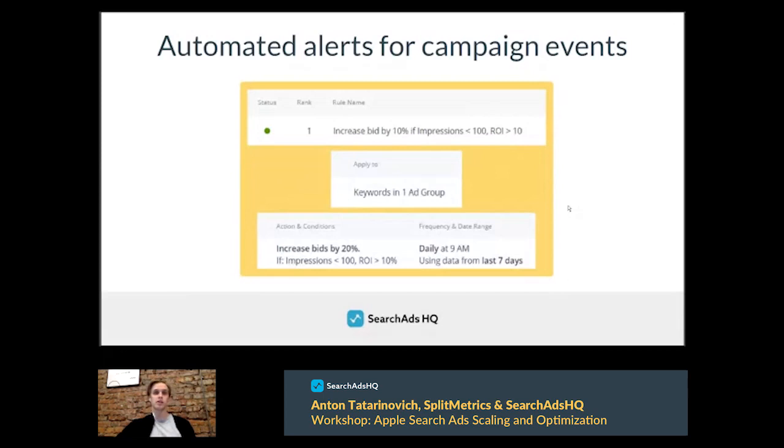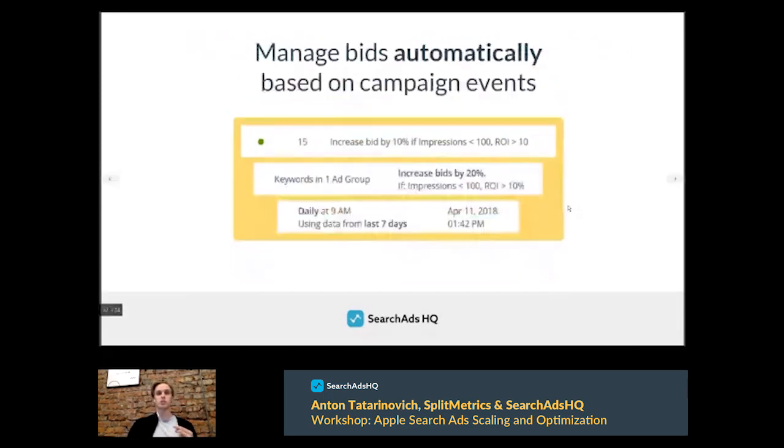Another example is automatic bid management, which is probably much more interesting. Yeah, so let's take another example. All of your keywords in ad group get a low number of impressions, right? Less than 100. Your ROI is more than 10%. To get more impressions, what do you do, right? You start gradually increasing your CPT bids.